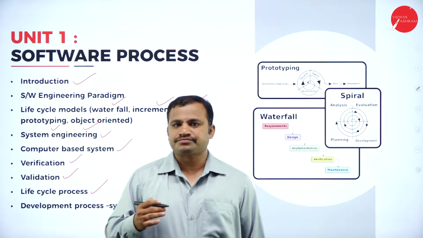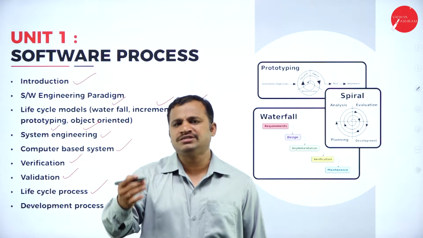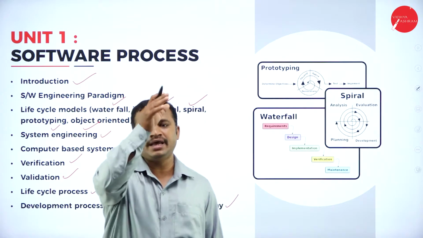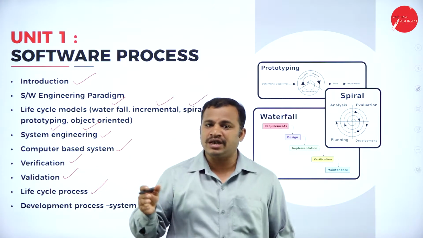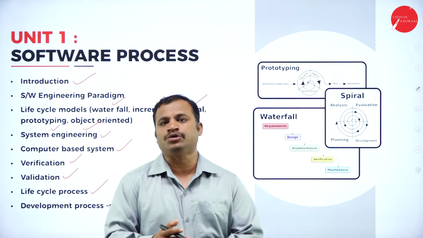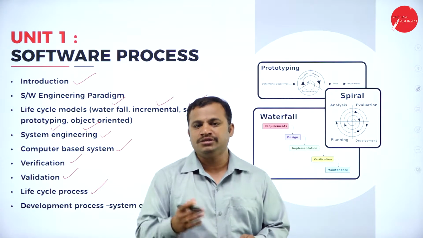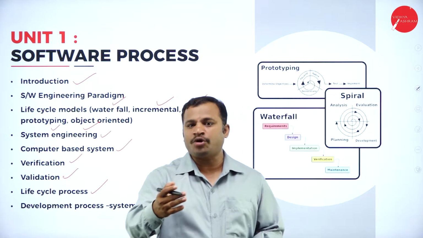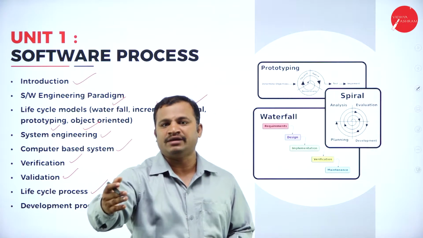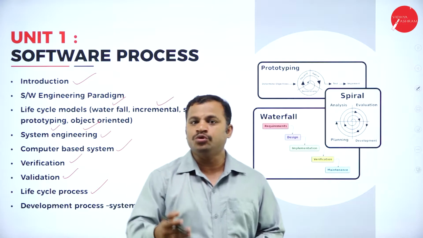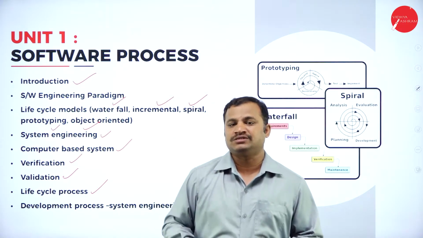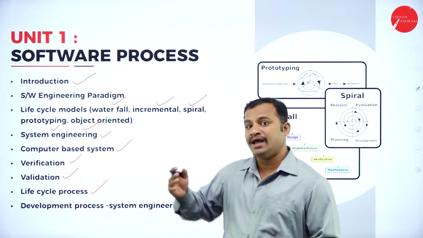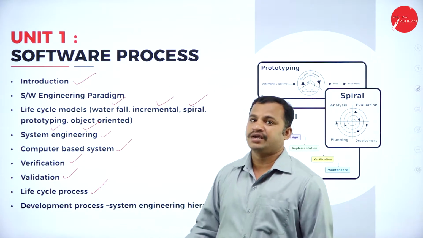That is, software is not just an executable code. It is not just a program. It is a collection of programs. This collection of programs is bundled together to form a package that is called a product. Now, once the software product is ready for delivery to the client, it has to go through different phases. So that means before the delivery of the software product, it has to go through different life cycle processes.